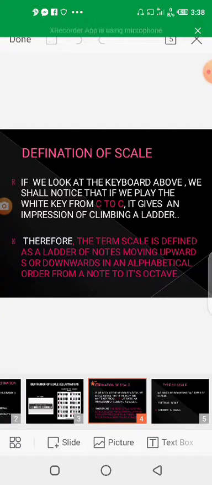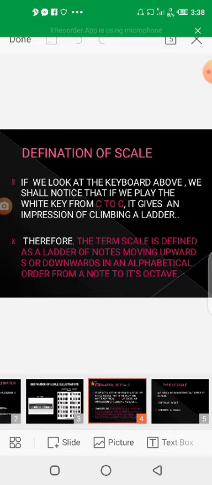Remember, we said something like C, that's Do, Re, Mi, Fa, Sol, La, Ti, Do. It gives an impression of climbing a ladder. Therefore, the term scale is defined as a ladder of notes moving upwards or downwards in an alphabetical order from a note to its octave.